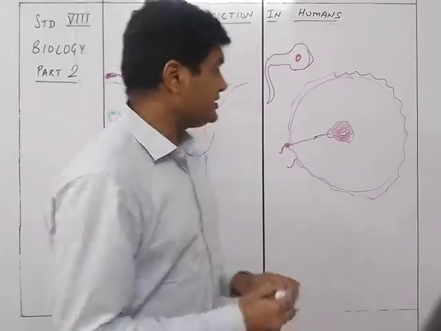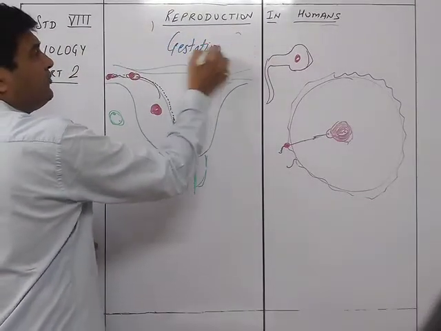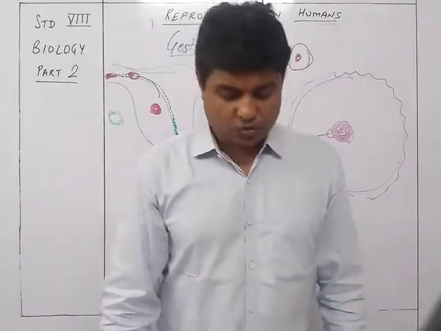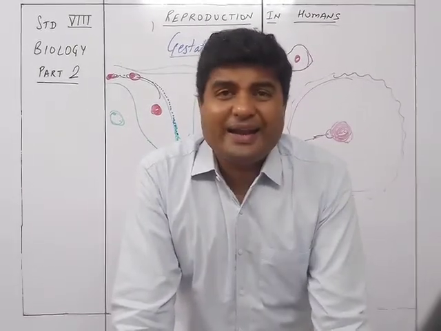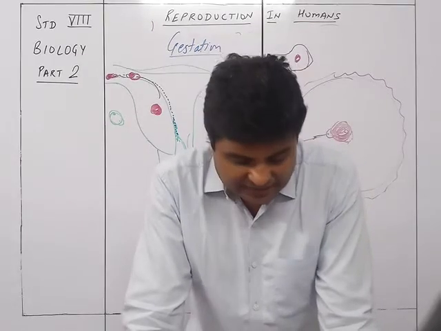Okay, that is called as gestation. So gestation is the period for which the baby is going to take time to develop inside the mother's womb. So in humans, it lasts for about 280 days. That's why it is 9 months, or it's 280 days.